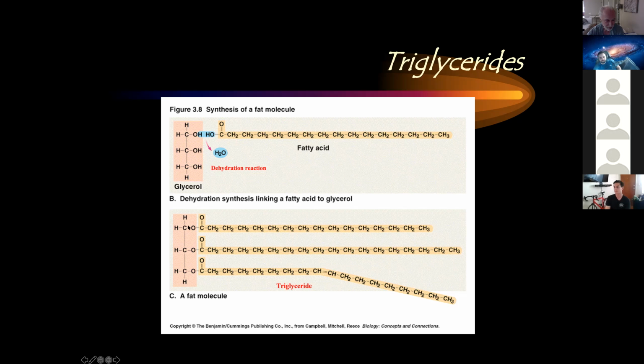And if that happens on all 3 of the carbons in glycerol, you have a triglyceride. In this case, you have 2 saturated hydrocarbons and 1 unsaturated, which bends, and that takes up a lot more space due to the bending. Again, we'll come back to the importance of space later on. So this would be an example of a fat molecule.